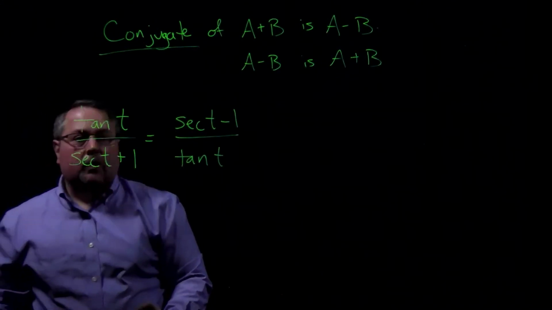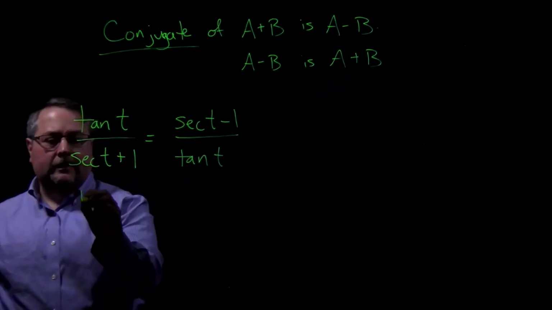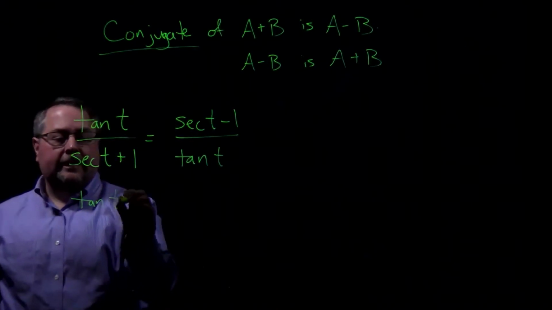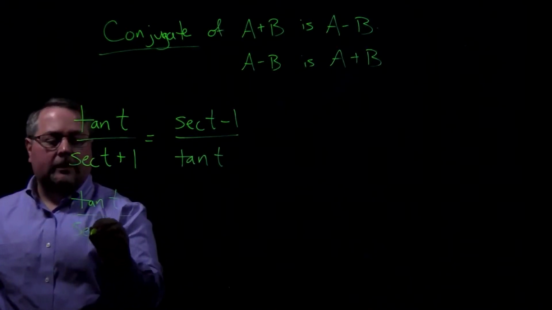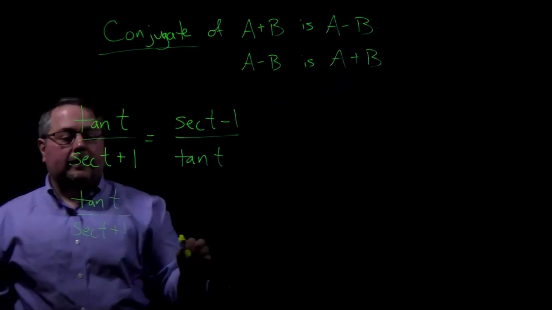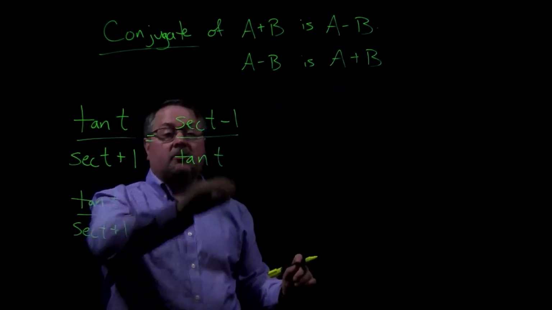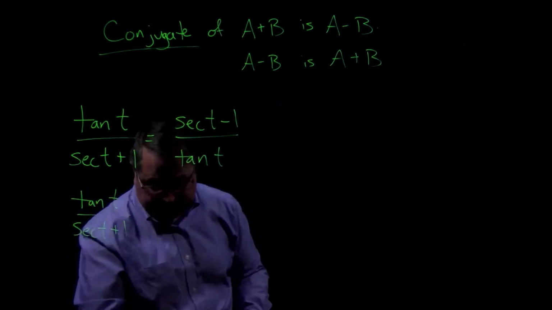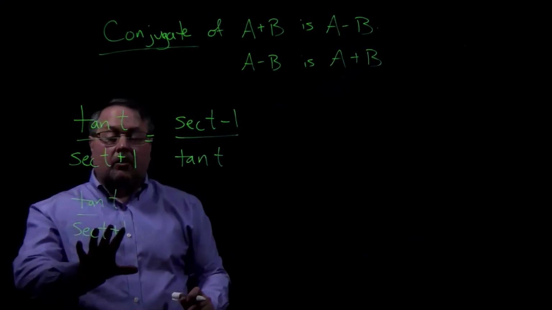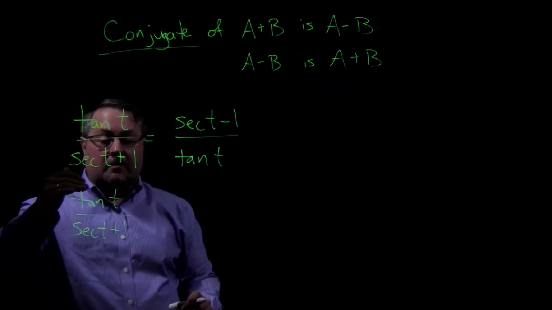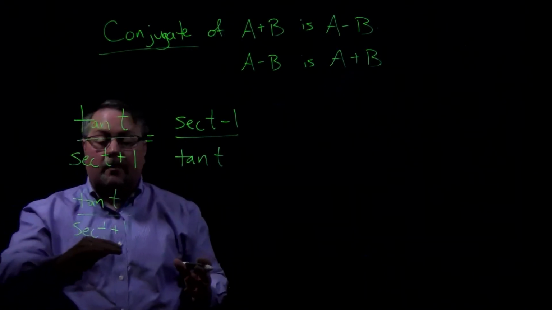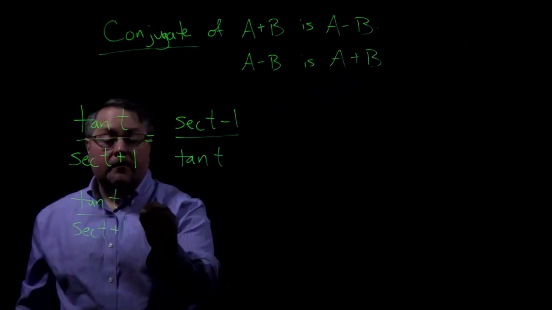All right, so once again, we're going to start with the left-hand side, tan t over secant t plus 1, and try to manipulate that and show that it equals the right-hand side. Okay, so here we don't have a sum up top where we can break the fraction up. We have a sum in the denominator.